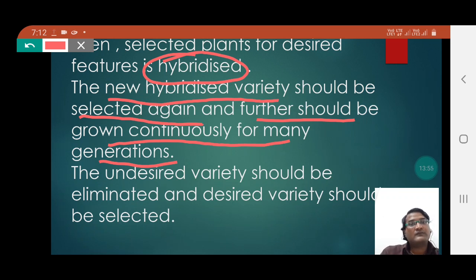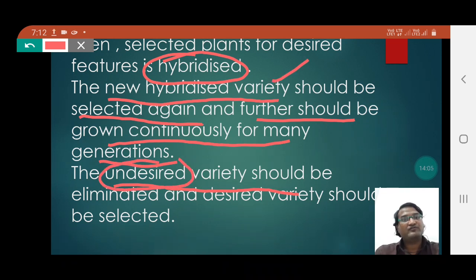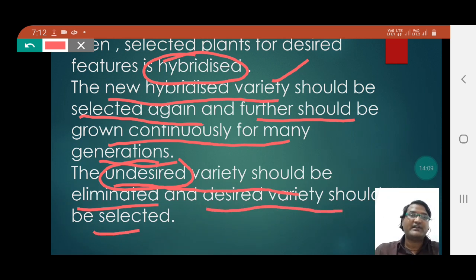Now students, the undesirable variety should be eliminated, which you can see here. During this growing of the new hybrid variety, the undesirable varieties should be eliminated and desired variety should be selected.